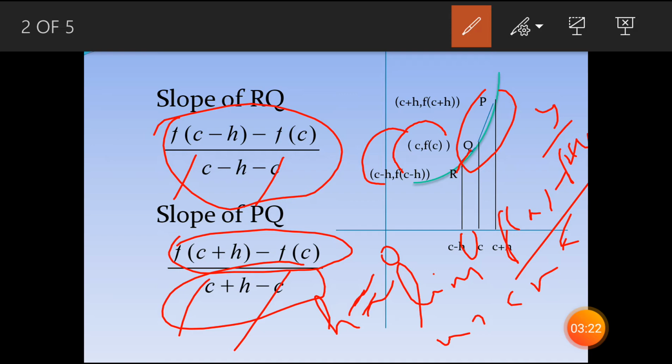Then obviously R will tend to Q. And if h is tending to 0, then P will again tend to Q. So in this case, this slope is nothing but a tangent at Q. You can see that in the next slide.